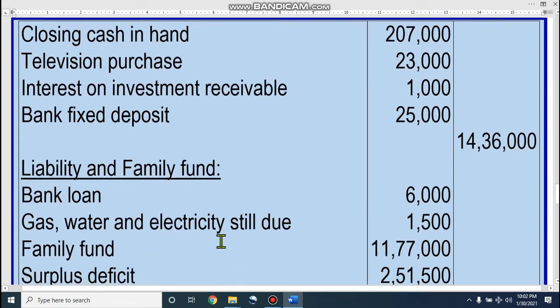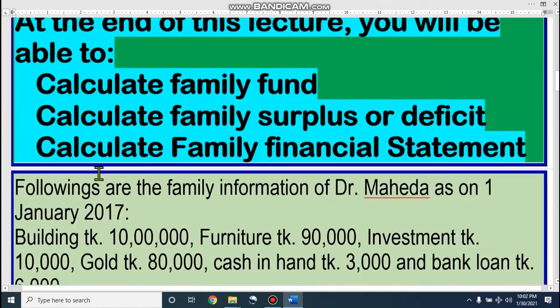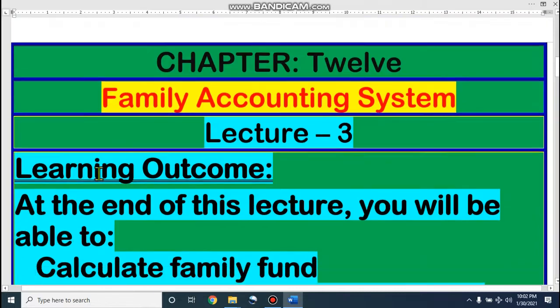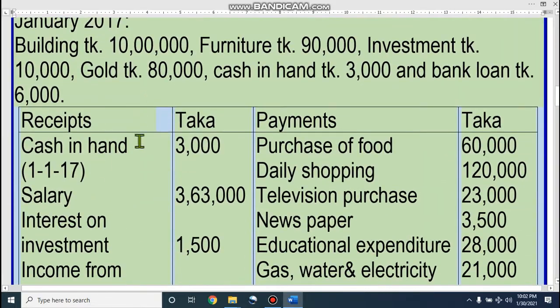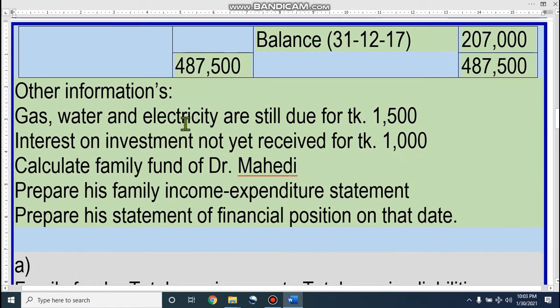Now we have to find out the liability and family fund. That means how much family fund this family has, and we have to find the liabilities also. Let's see the question. Look, he has a liability, bank loan 6,000. So this is the number one liability. Then another liability, gas, water and electricity bill.